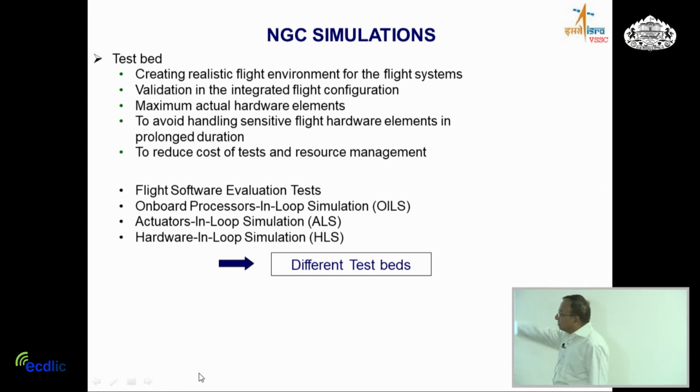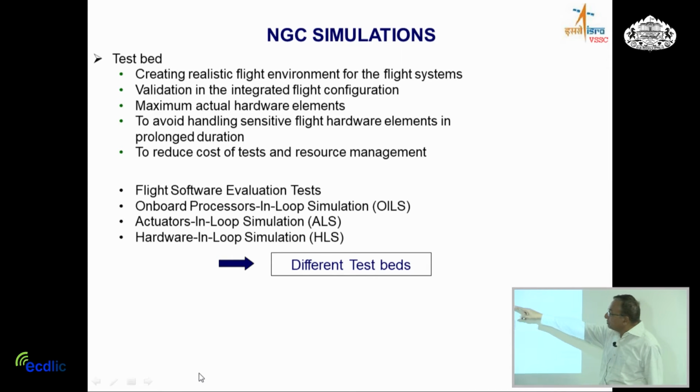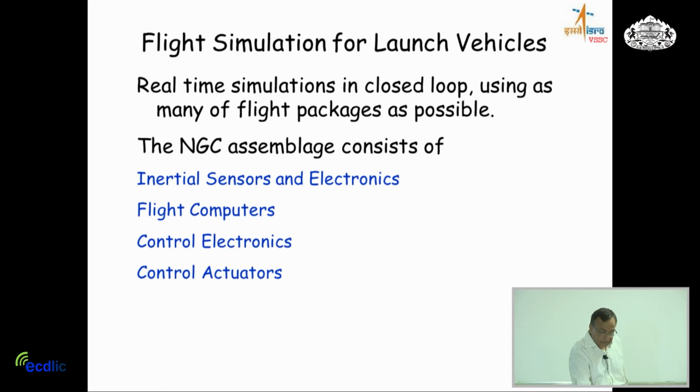Then from the onboard processor in the loop, we start using the flight computers and the associated instrumentation in the loop. Next level, the actuators in the loop, and then the complete end-to-end hardware in the loop, for which we are defining different test beds, because the same test bed cannot be used for everything.